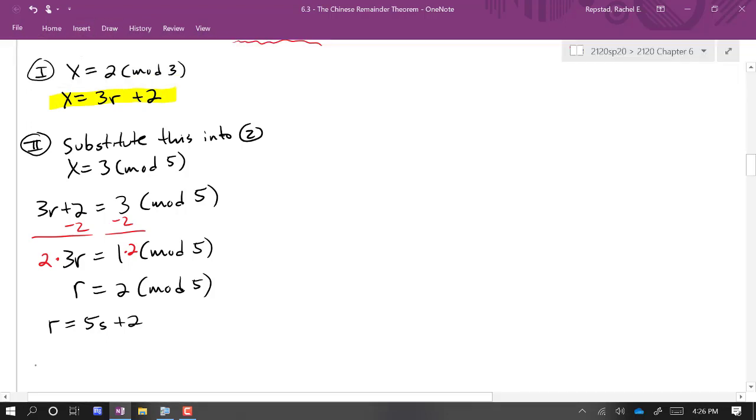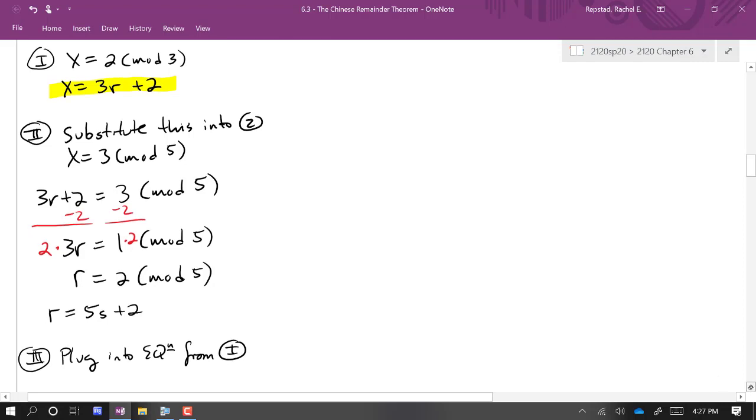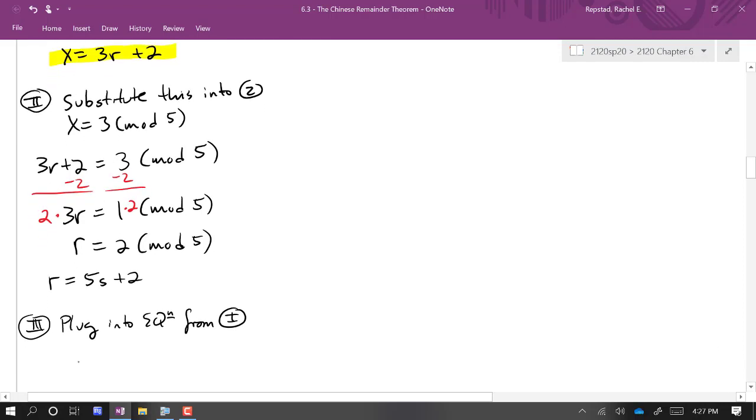Our third step is to plug this into the equation from step 1. Up here we have x is 3r plus 2, and I know that r is 5s plus 2, so I'm going to plug that in.